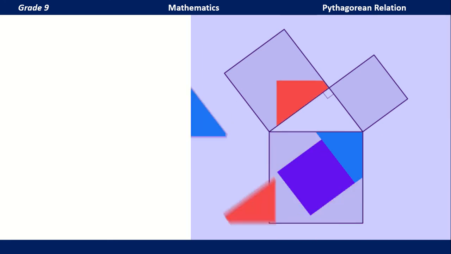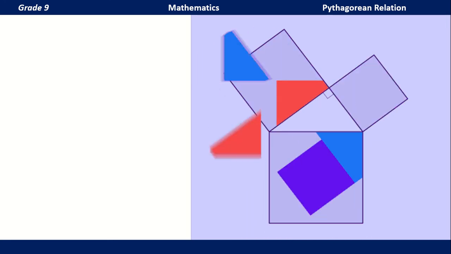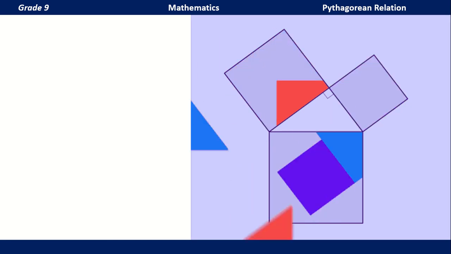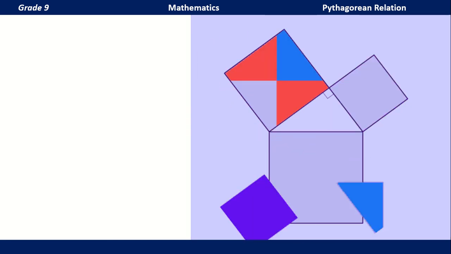You can see there is a right angle triangle and also there are three squares drawn on the sides of that right angle triangle.